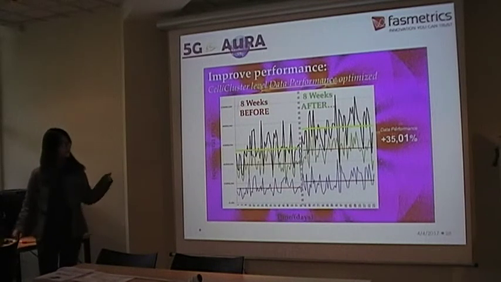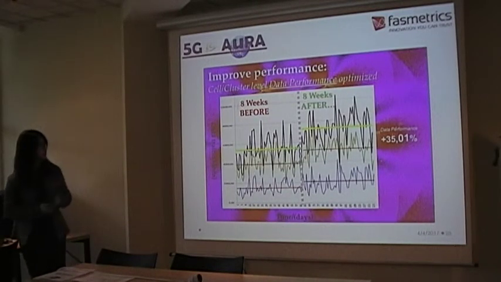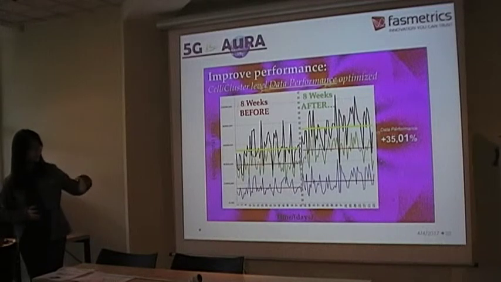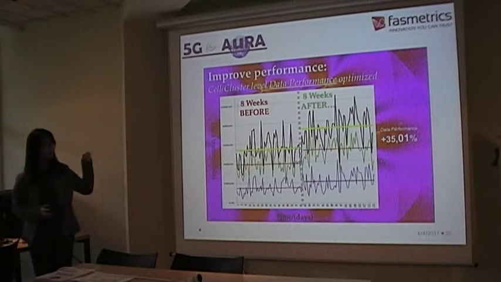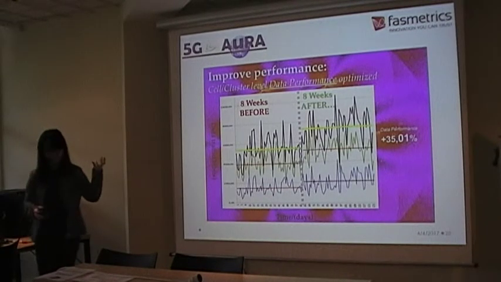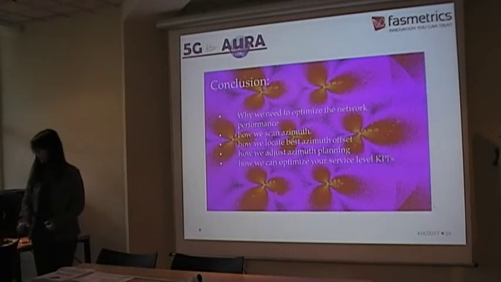And the last figure shows similarly the data traffic in this particular cell for an 8-week period of time before and after we implement it. And we can see that the data traffic in this cell, in terms of the 3G data usage, 4G data usage, and the total combined data traffic usage, can be improved by 35% after we do this technology.